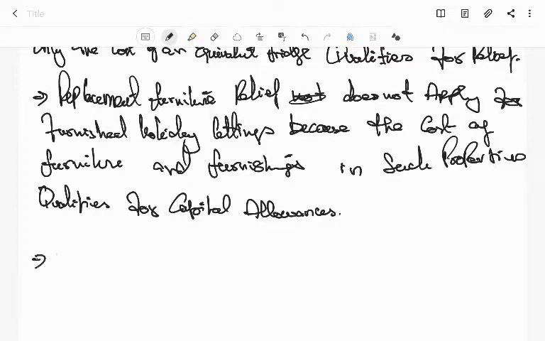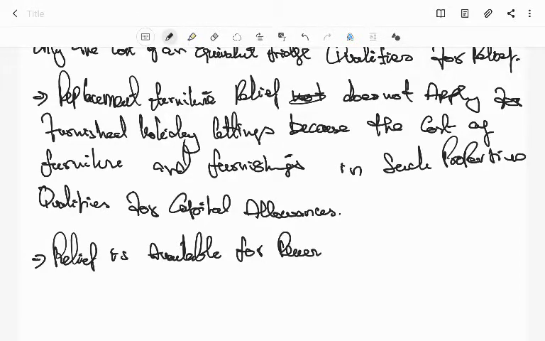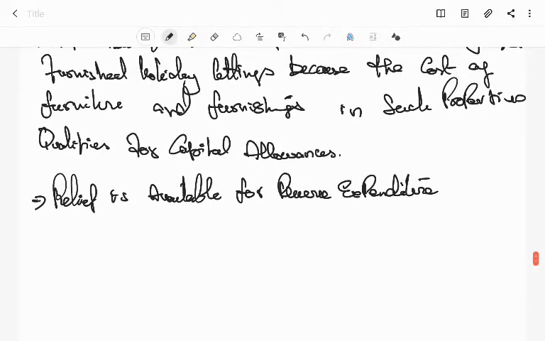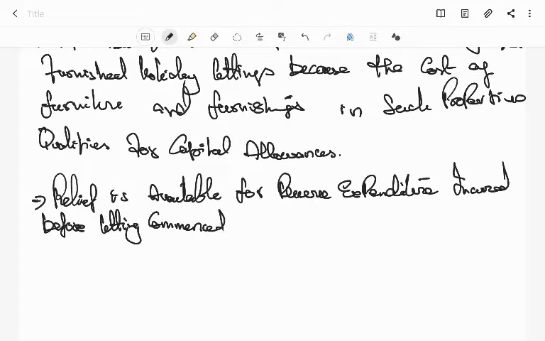Next, relief is available for revenue expenditure incurred before letting commenced under the pre-trading expenditure rules.